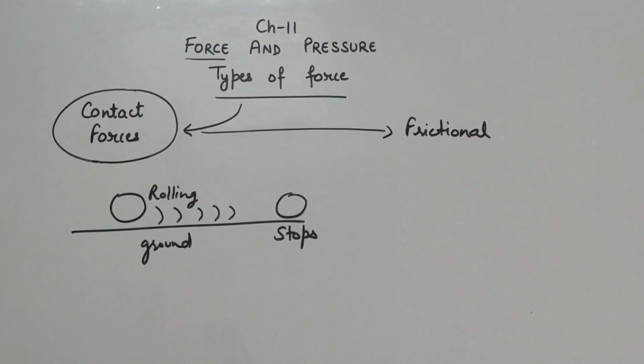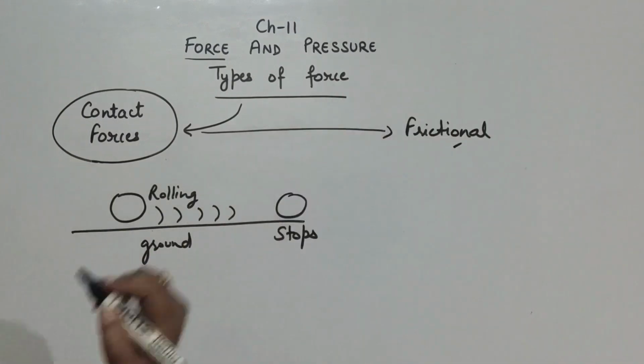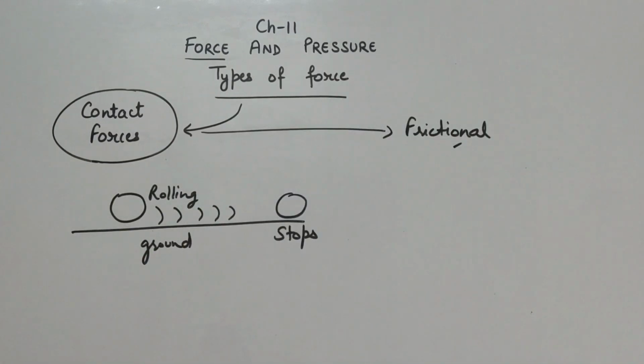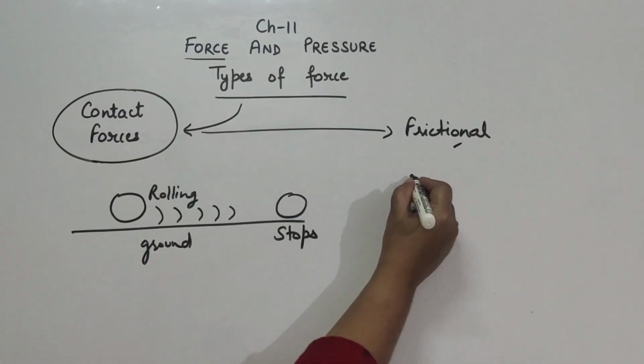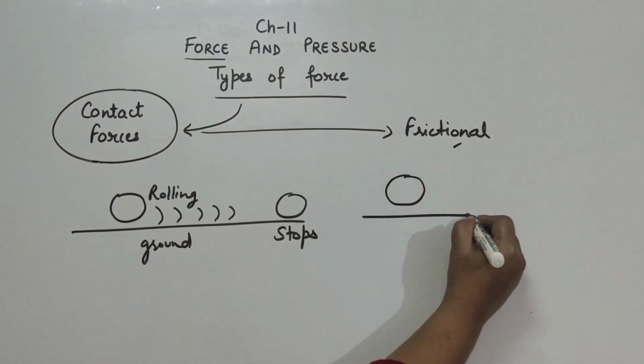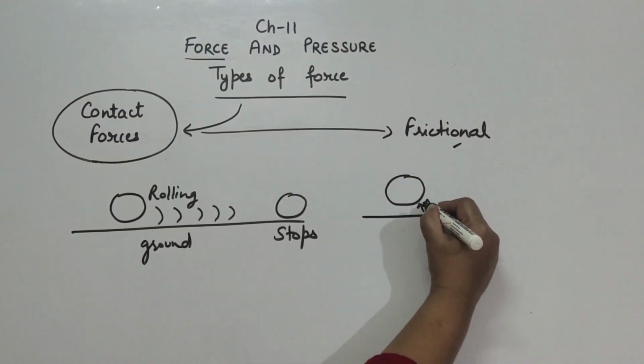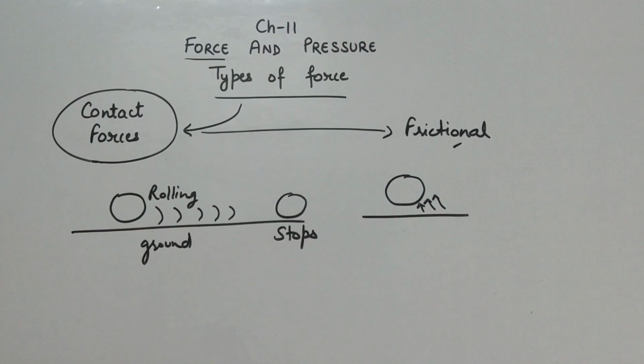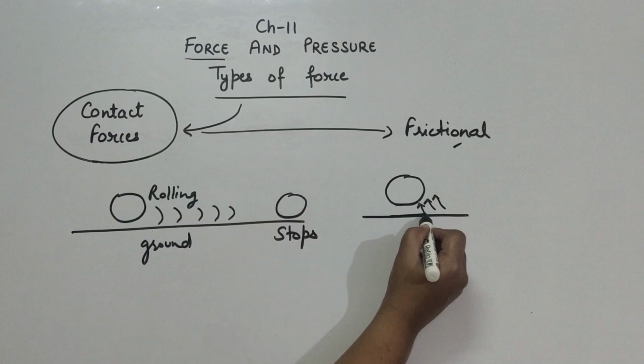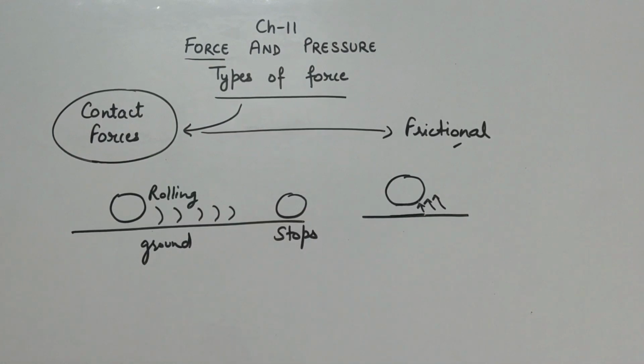Yes. The frictional force is acting on the ball. The force of friction between the ball and the ground opposes the motion of the ball and stops it. So we can define frictional force as the force acting along the two surfaces in contact which opposes the motion.